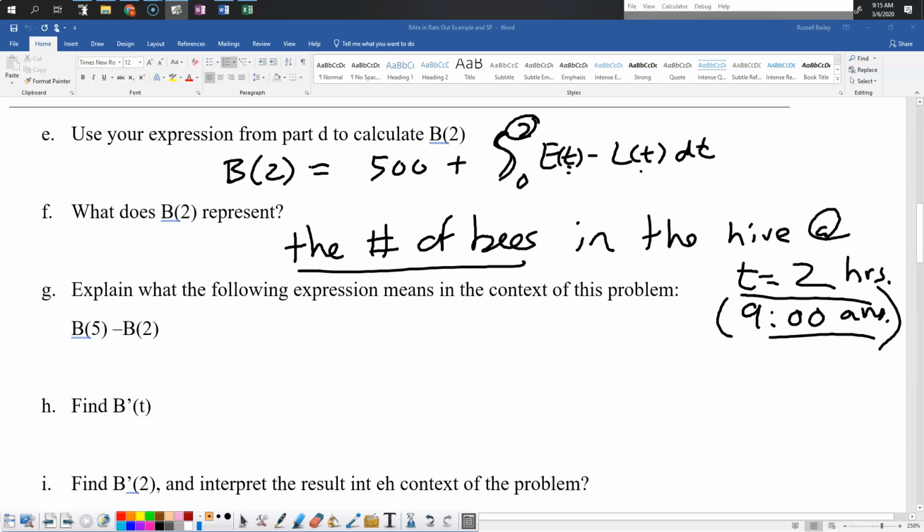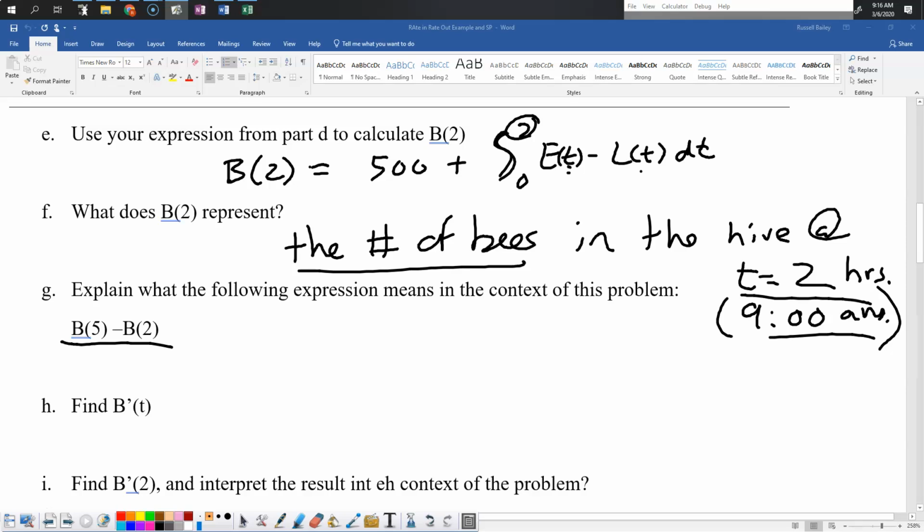So, all right. Next one. Explain what the following expression means in the context of this problem. Let me see if someone else wants to try real quick. And if nobody else wants, I'll come to you. Okay. So, Pearl, what does that represent? I think it's the number of bees left in the hive by 10.